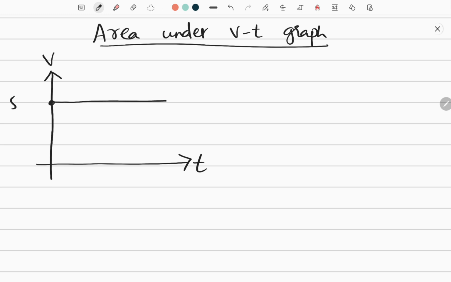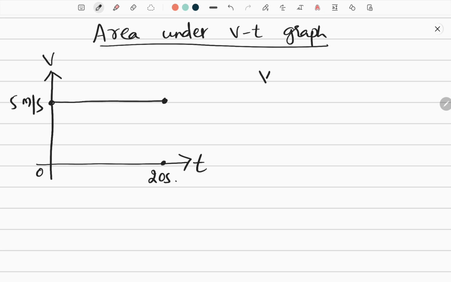Let us take this as 5 meter per second, and let us take this motion from 0 up to, for example, 20 seconds. Up to 20 seconds we have drawn it like this.